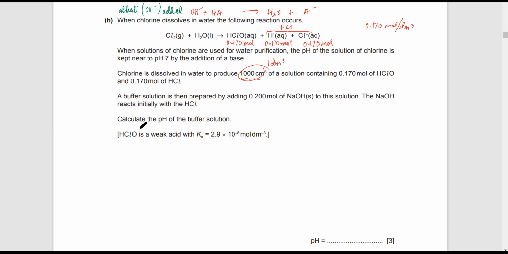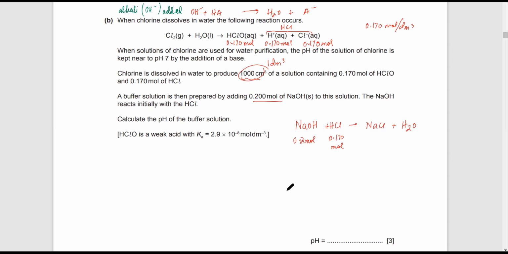So we're going to find out what's going to happen if NaOH and HCl react. It produces NaCl plus H2O. This is 0.170 moles. And this over here is 0.2 moles of NaOH.